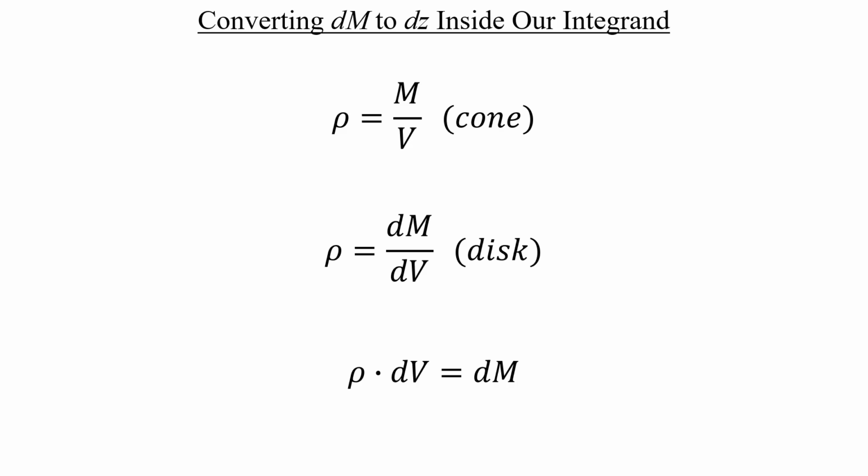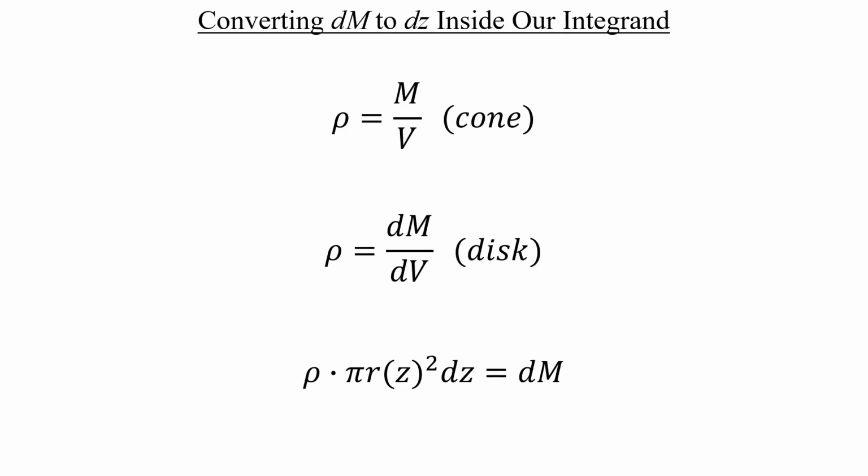The volume of our disk slice will be similar, except we would have to replace r with r as a function of z and dz as the height. Okay, cool. Look at that. Now we're getting somewhere. dm is equal to this expression that contains dz, just like we wanted.